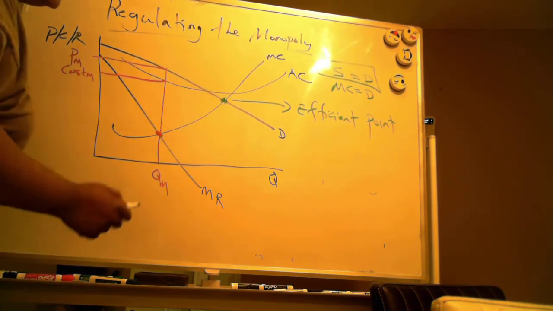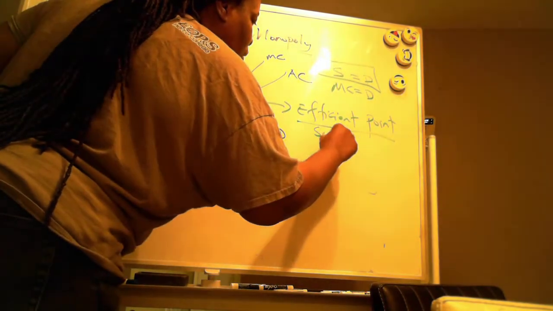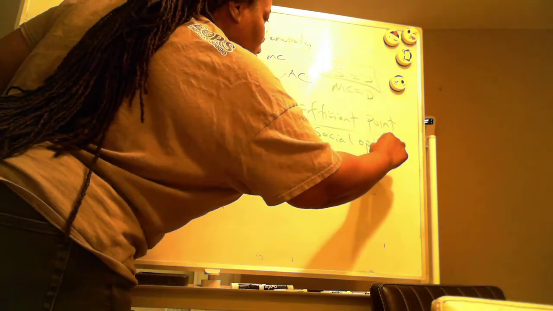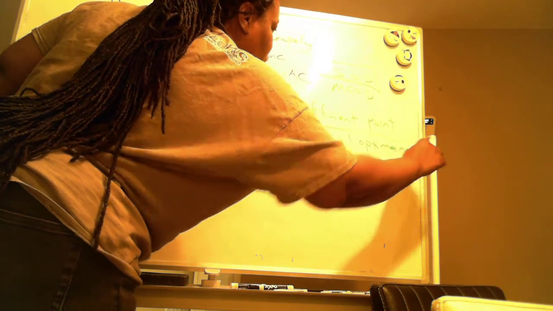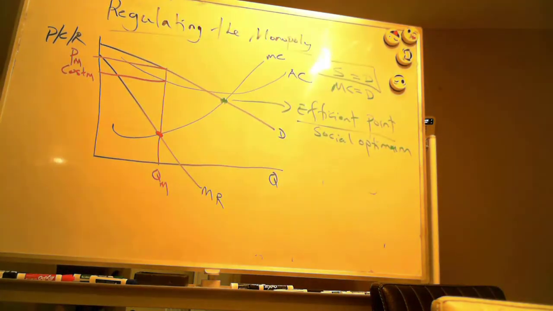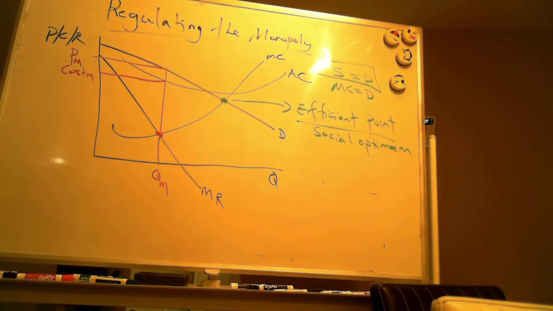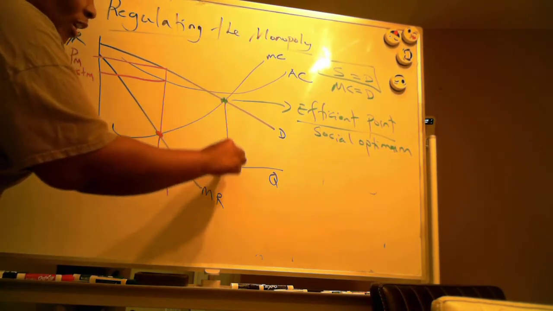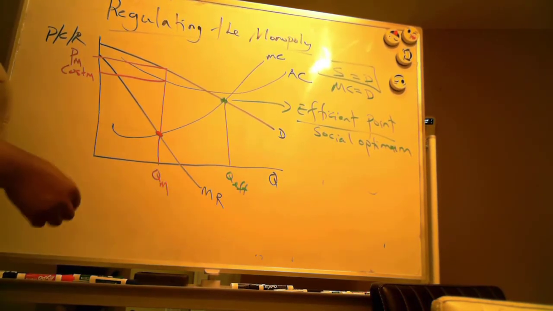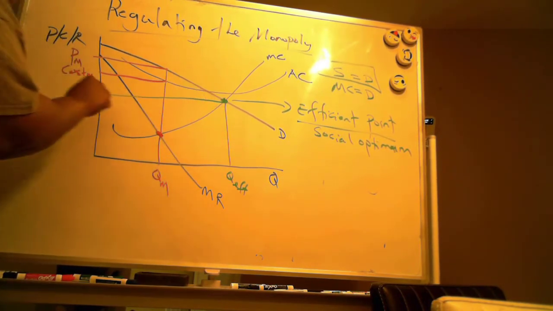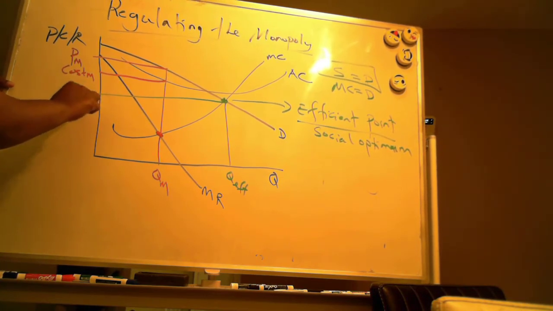MC equal to D is the efficient point, or a social optimum. Some optimum point for society where we have equilibrium. This is the quantity that gives society the best outcome. And this is the price. I'm just labeling them efficient.